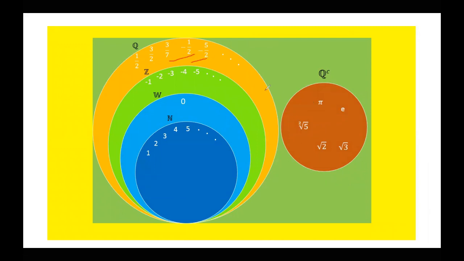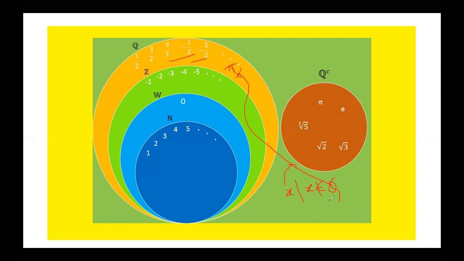That's why I have written there X such that this X does not belong to Q. And what is in Q here? Do we have pi here? We don't, right?